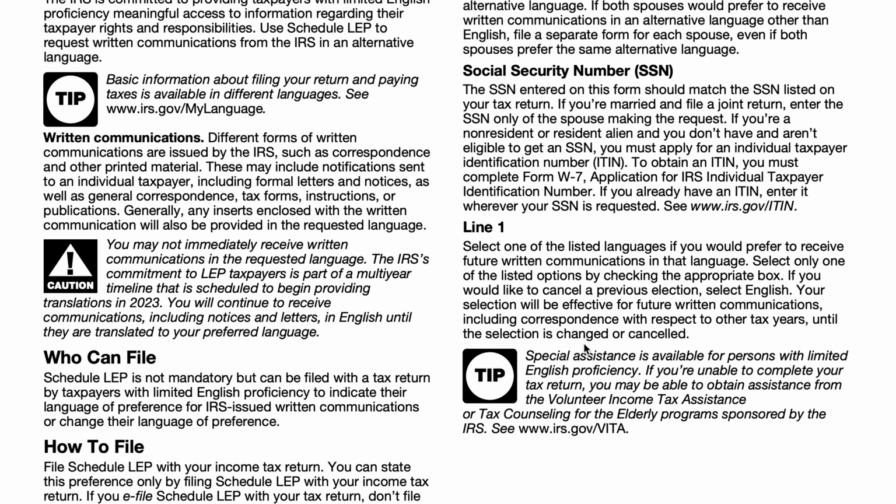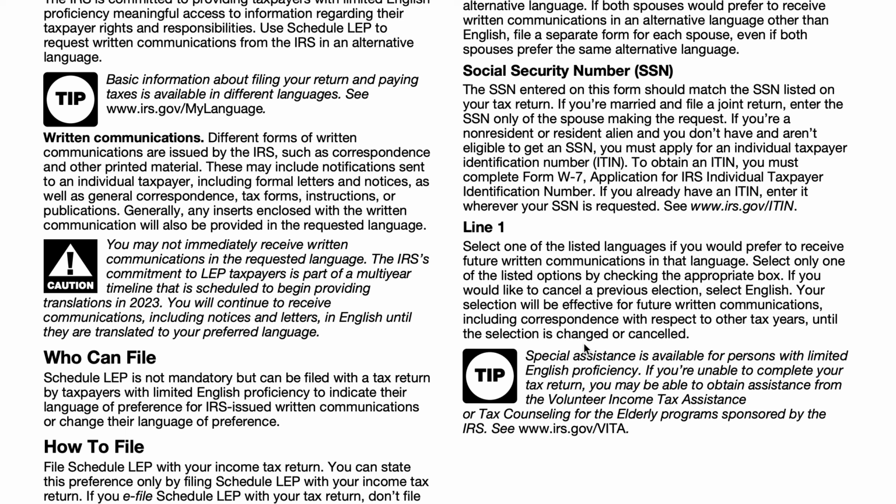So there's not a whole lot of indication about whether or not you need to file this form every year. Generally speaking, this appears to be a one-time selection, but there's nothing in the form instructions, there's nothing in any IRS correspondence that I've seen that says whether you need to file this year after year or whether you can file it once and not have to worry about it.